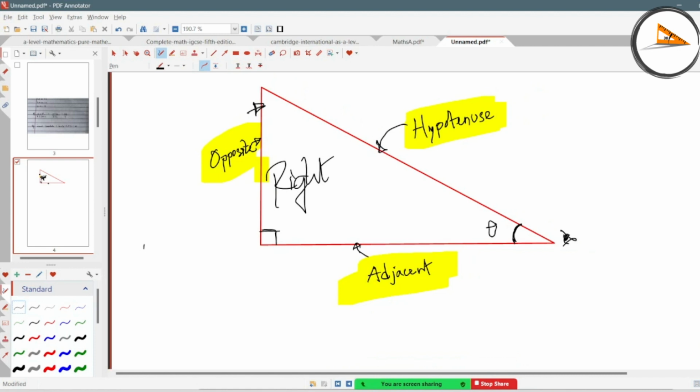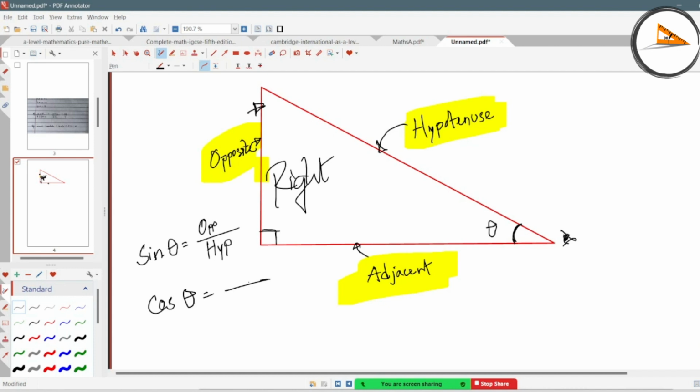One is called sine, and the input of this function is the angle. So for this one, it is theta. Sine theta is opposite over hypotenuse. The second trigonometric function is cos.